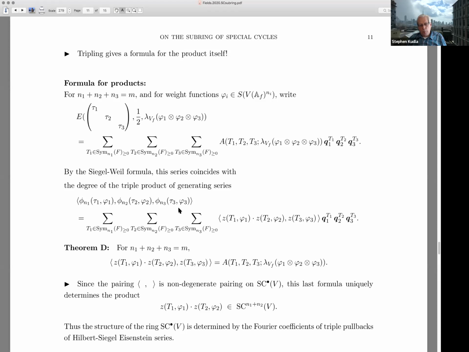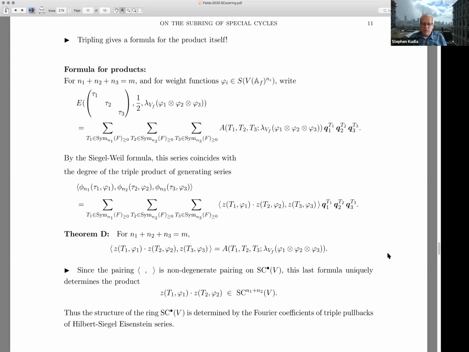And on the other hand, the triple product, if you write it all out, will have a similar expansion, where you take the cohomology product of these two classes, which are not in complementary degree anymore, and take the degree against any class in complementary degree. Here I'm assuming N1 plus N2 plus N3 is equal to M. And so these inner products, namely the product class with this, are given by these coefficients.